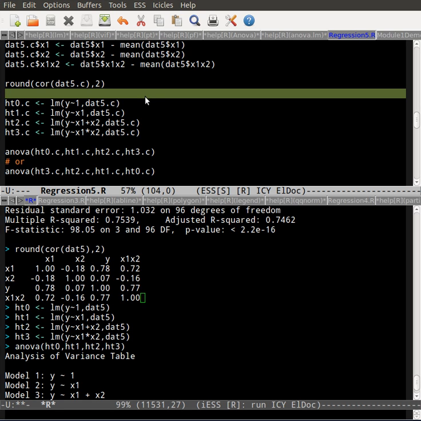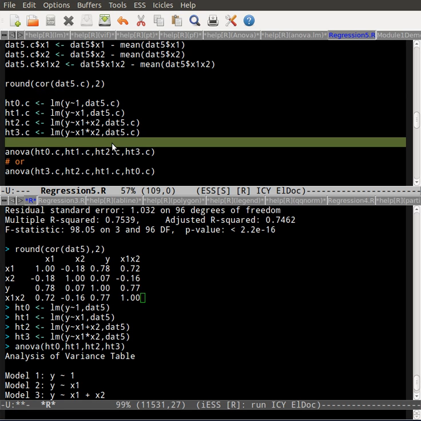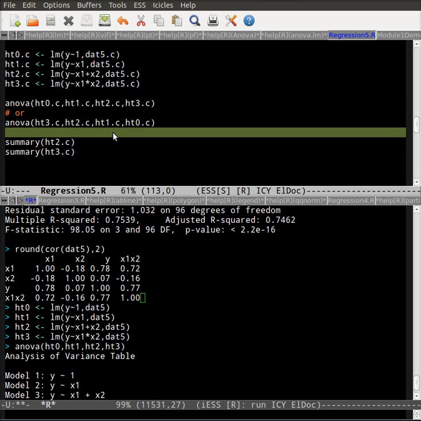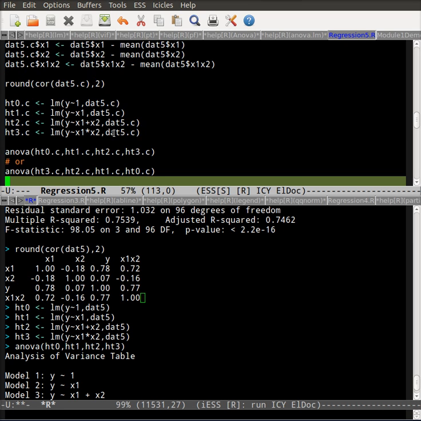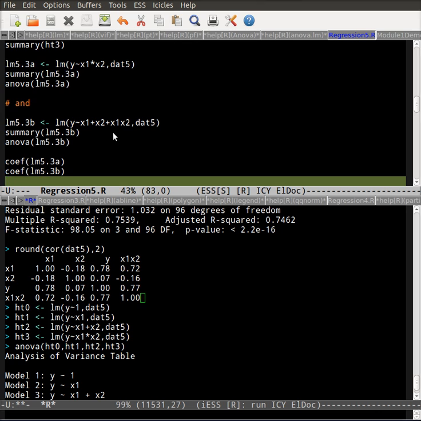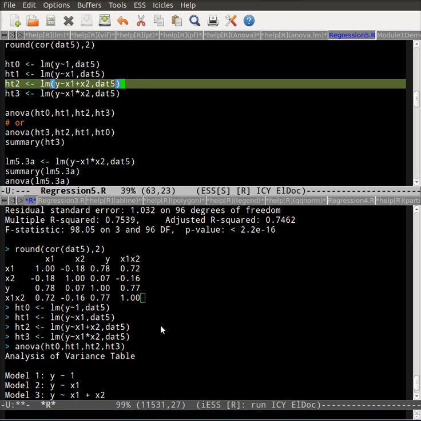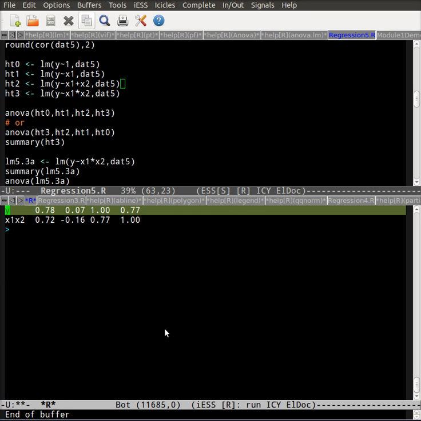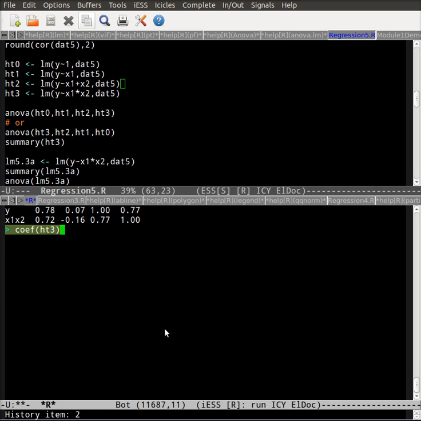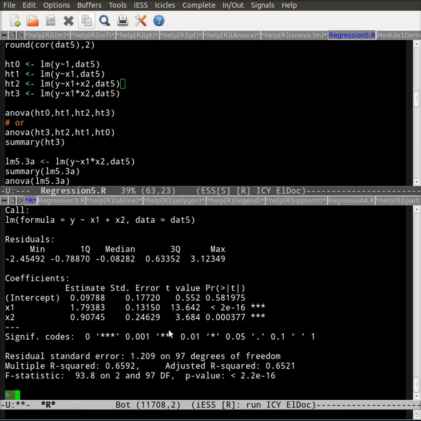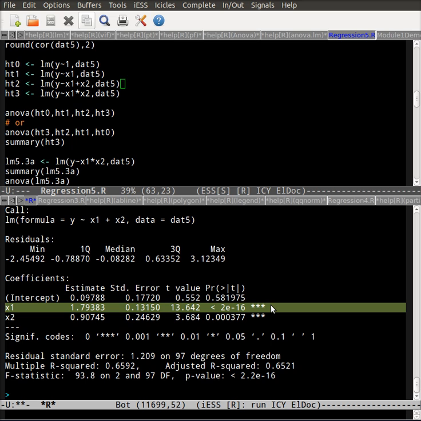Nevertheless, when we are testing for these effects, we are going to get different parameter estimates between a main effects only model and a moderation model. And why is that? Well, first is when we have a main effects model only. That's HT2. And so if I go back to a summary of HT2, I am getting partial correlation coefficients right here.